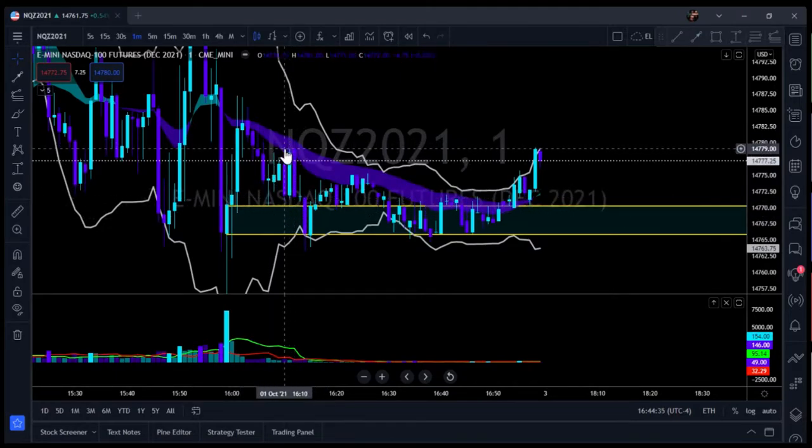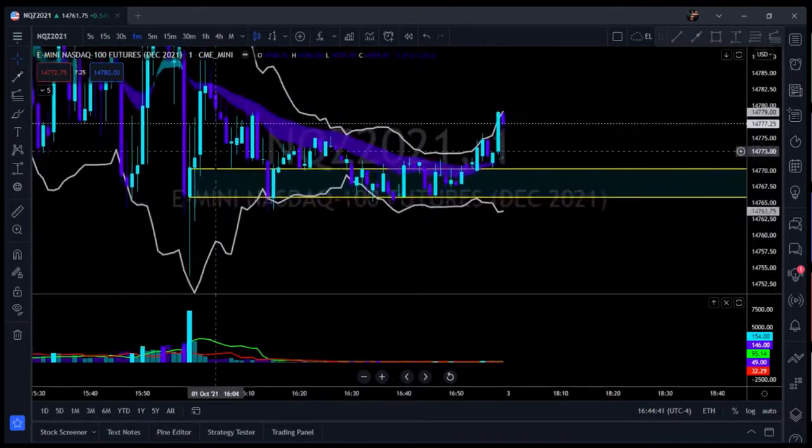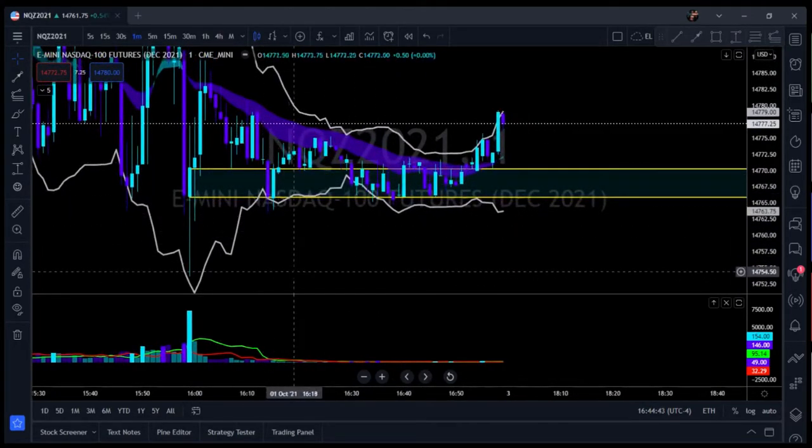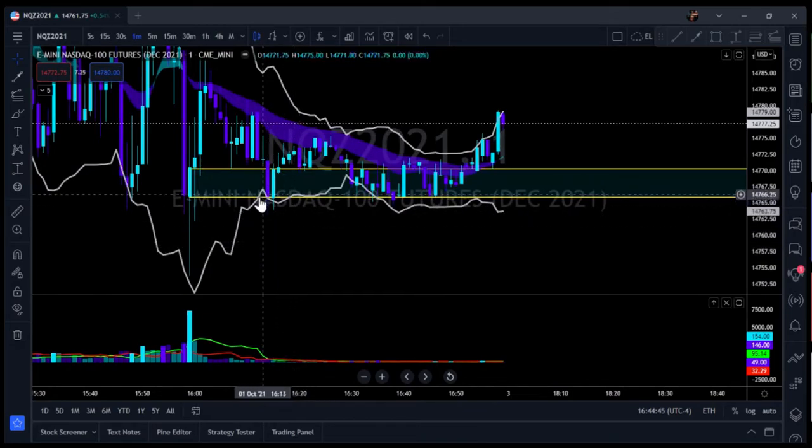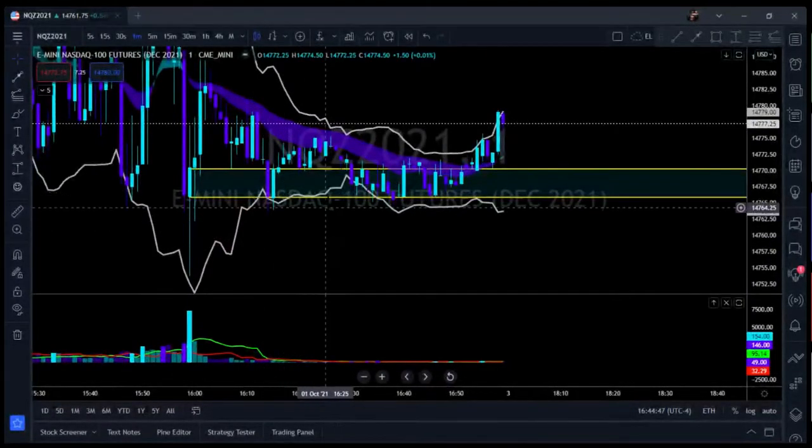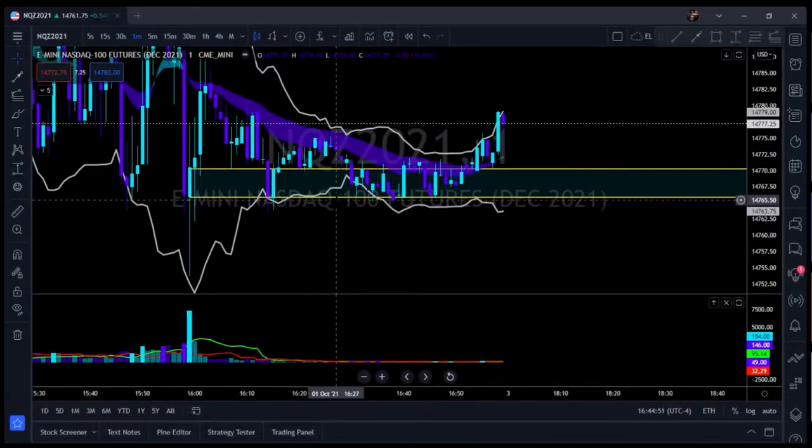You could play that as taking a short off the cloud down to the box. Or if price for some reason was down here, below this thing and gave you some daylight, then you could take a short off the box with the cloud being purple and say you touch the top Bollinger Band into the closing range.